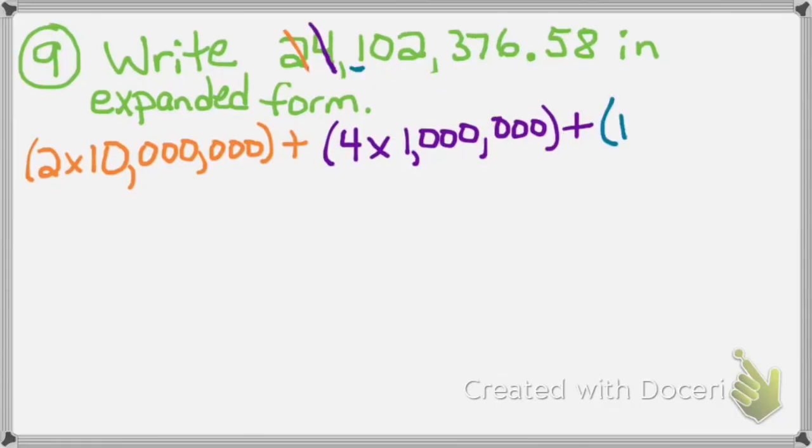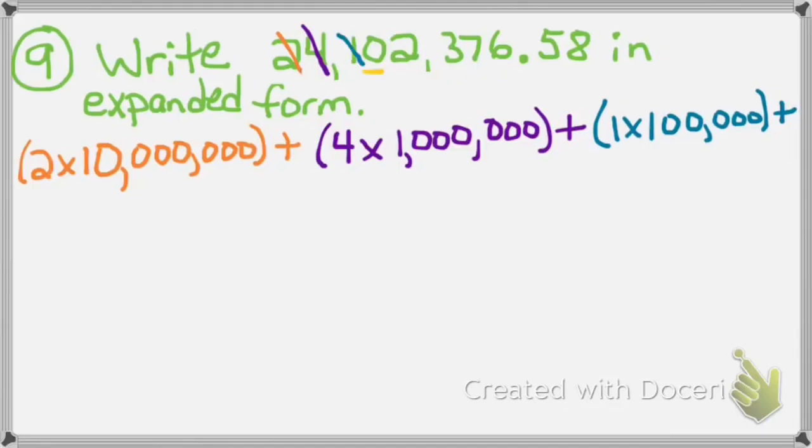My next digit is the 1, so I'll open parentheses and say 1 times 1, and let's see how many zeros I have. 2 digits and a comma, so I'll put 2 zeros and a comma, then 3 digits, 3 zeros. And now I can close my parentheses. So that 1 is in the 100,000s column, so I'm going to say 1 times 100,000 plus.